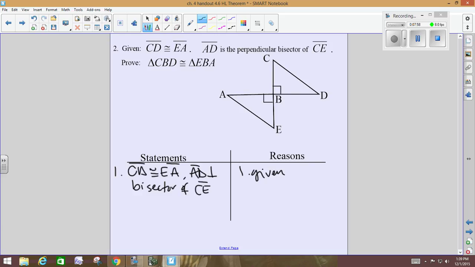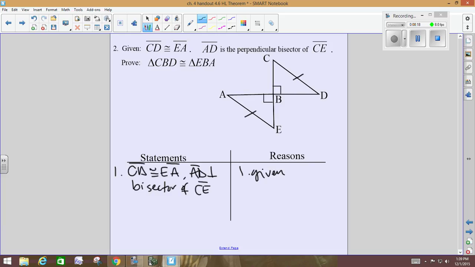Mark the picture. CD is congruent to EA. AD is the perpendicular bisector of CE. AD is perpendicular to CE. What's it mean if these segments are perpendicular? They make right angles. That's already marked. AD is the bisector of CE.